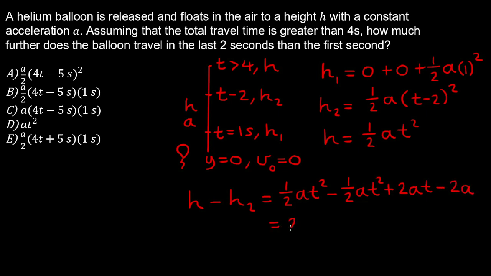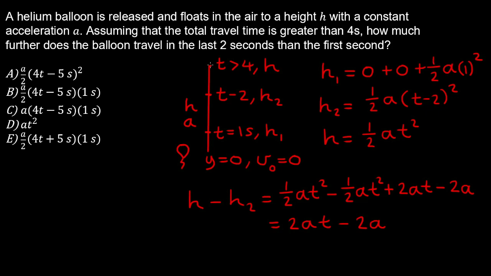So that gives 2at minus 2a. And in the first second, we have the distance travelled is 1/2 by a.